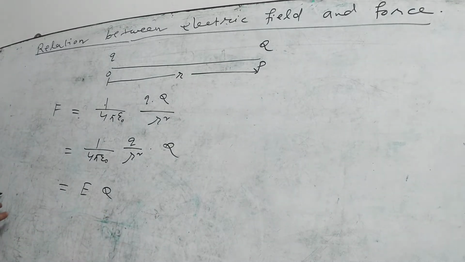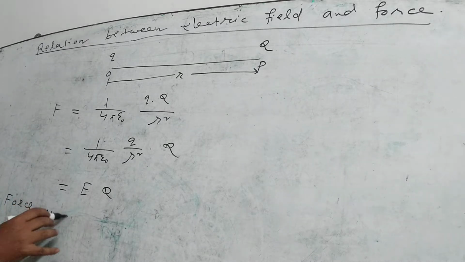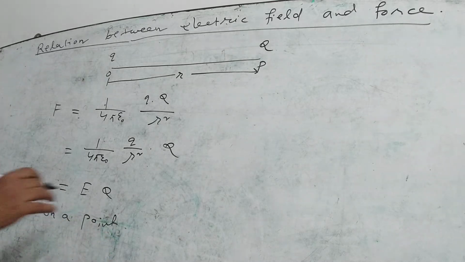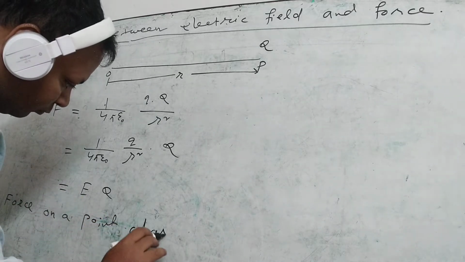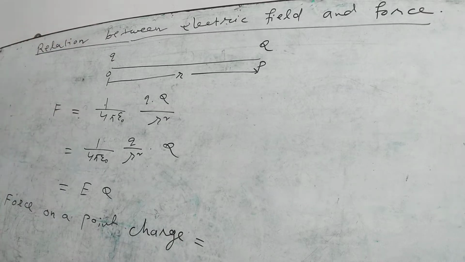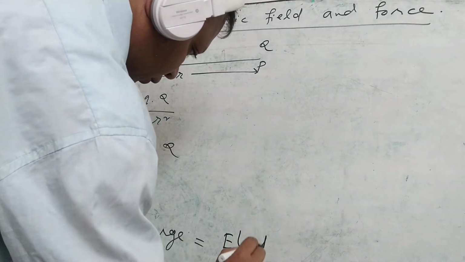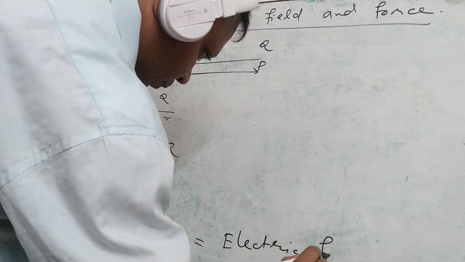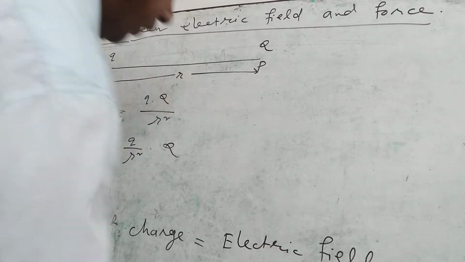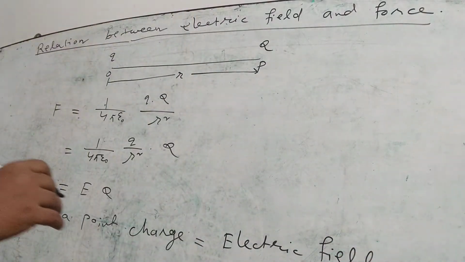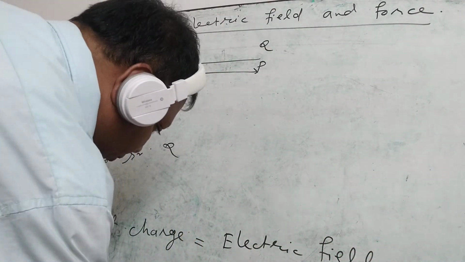So the force on a point charge is equal to the electric field strength at the point into the magnitude of the charge.